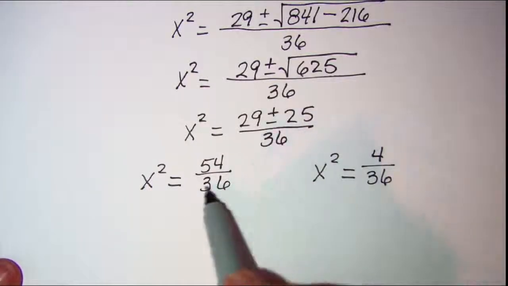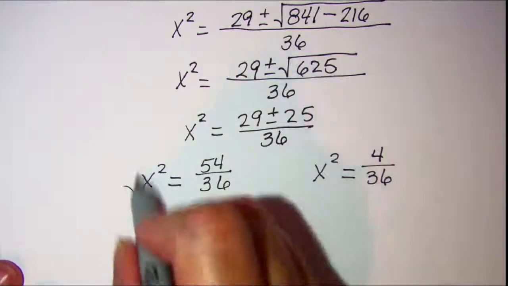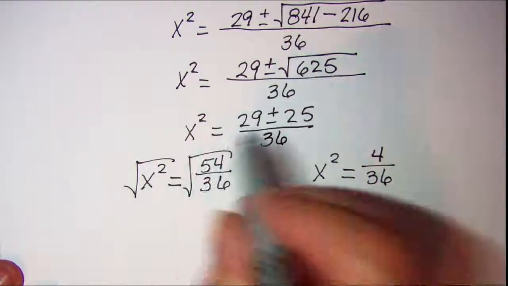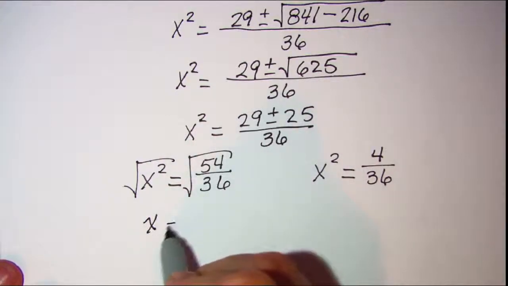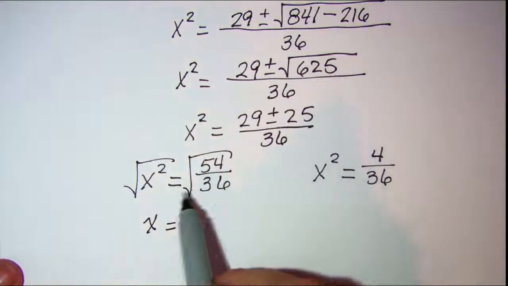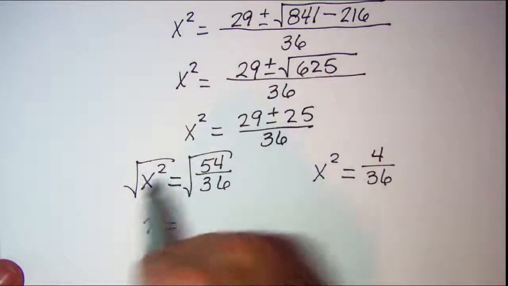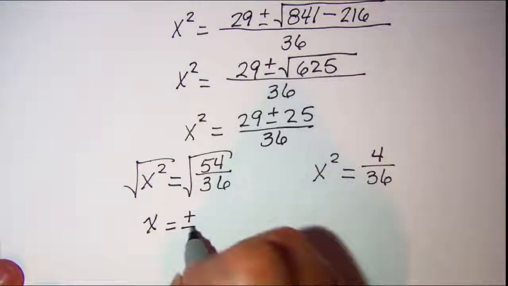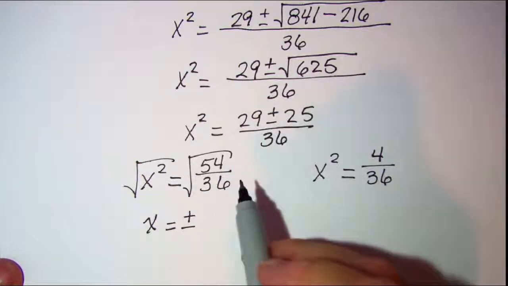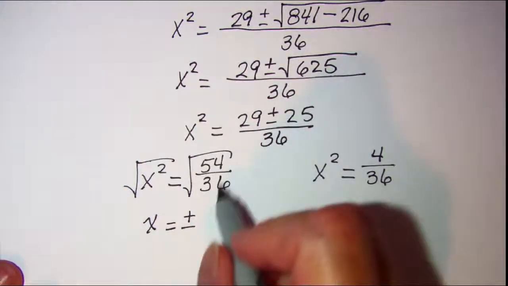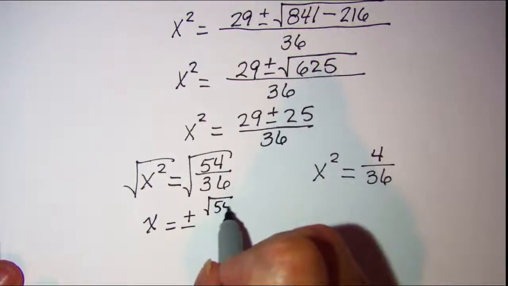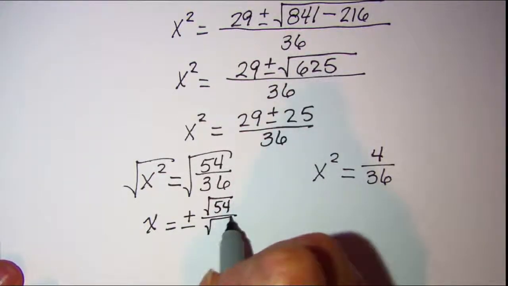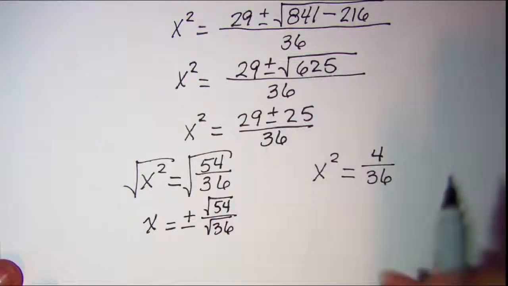Now we need to square root both sides. The square root of a square will just give me x on the left side. Remember, the square root property says whenever you square root both sides, you have to remember plus or minus. And so I'm going to separate this into two separate radicals, square root of 54 over the square root of 36.